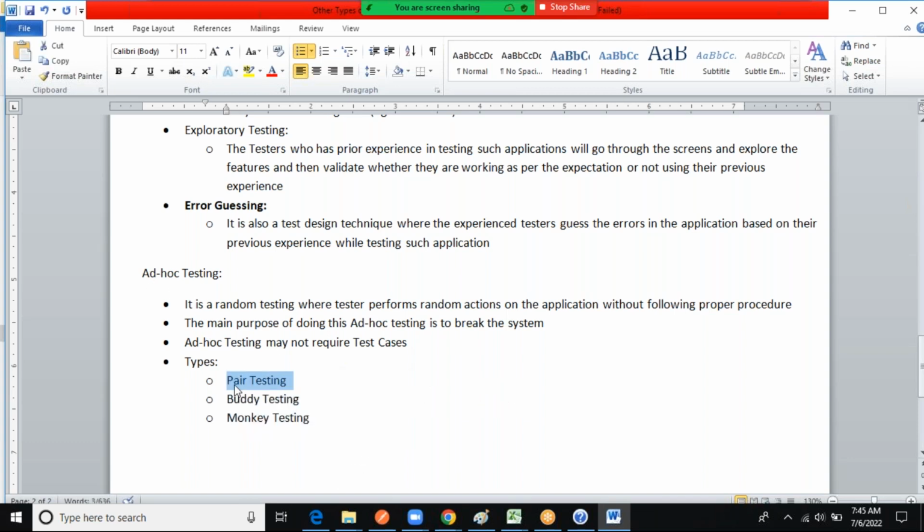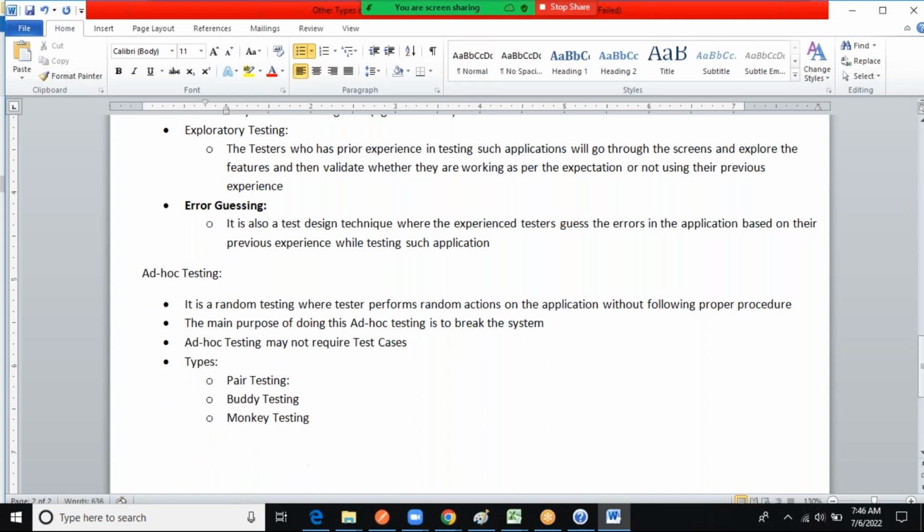Pair testing, what do you mean by pair? Pair means two people are going to do ad hoc testing together. Who are those two people? Testers.